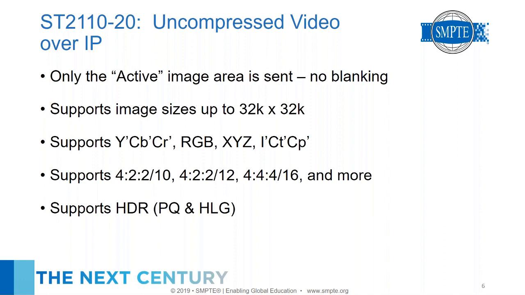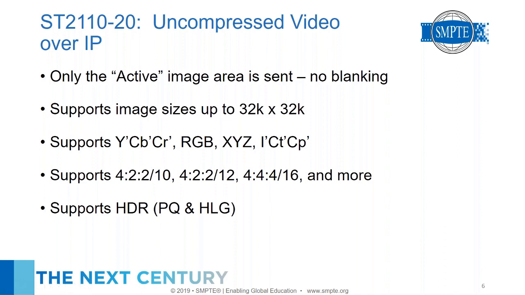It also supports all the different color methodologies that are in use today, so YCbCr, RGB, XYZ, and so forth, and all the different color primaries as well. So the 709 and 2020 and 2100 and P3, there's a huge variety of defined things that are supported in 2110, and also a whole range of bit depth and sampling parameters.